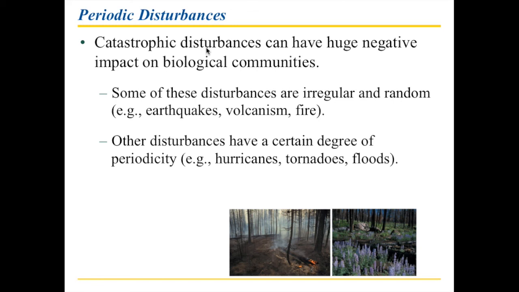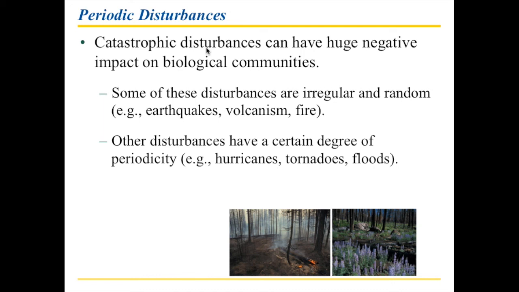But over the last 10 years or so, since we've had this persistent drought in California, that type of periodicity has gone away. And so now you can basically have pretty nasty fires at any time of the year. And so I moved that up. So this is something that has changed based on changes in the environment.